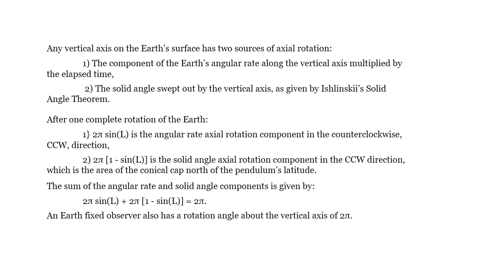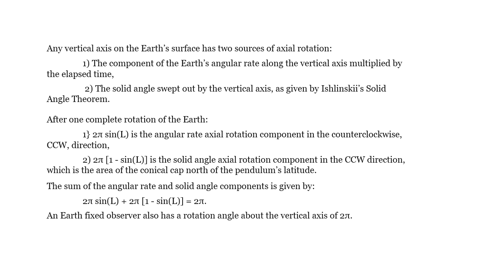And the solid angle component is 2 pi times 1 minus sine of the latitude. That's the solid angle component given by Ishlinskii's theorem, which is the area of the conical cap north of the pendulum's latitude. The sum of the angular rate component and the solid angle component is equal to 2 pi, which simplifies things.